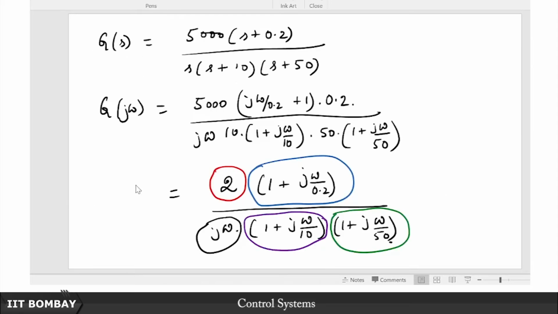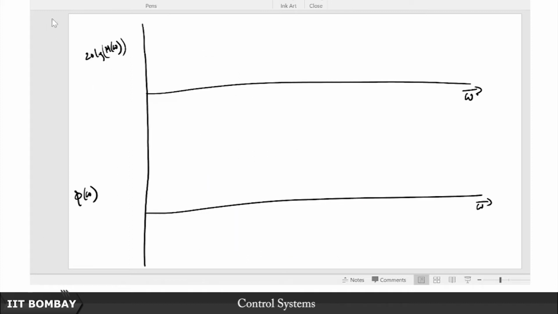Okay. So, let us see what is a reasonable range of omega to choose from. What are the corner frequencies or the break frequencies? We have 0.2, we have 10, we have 50. So, it seems like if we can choose a range of frequencies starting from 0.1, it should be good, but let us go one decade below. So, let us start from 0.01.